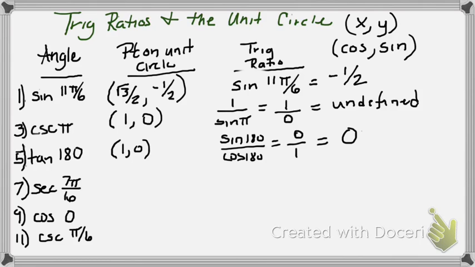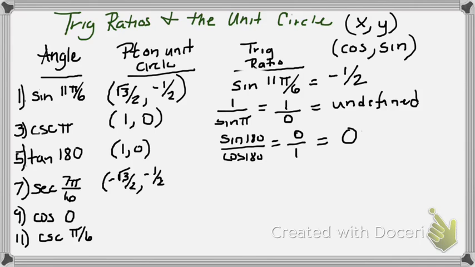And number 7 is asking me for the secant of 7 pi over 6. So I use my unit circle again, and I find out where 7 pi over 6 is. I find out the point. The point is negative square root of 3 over 2, comma, negative 1/2.